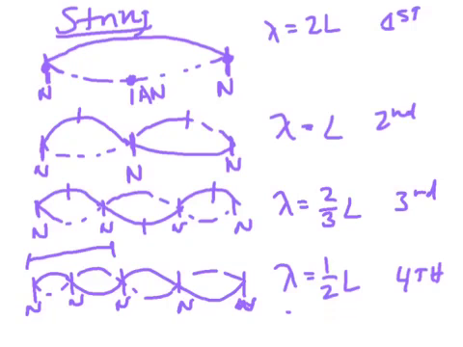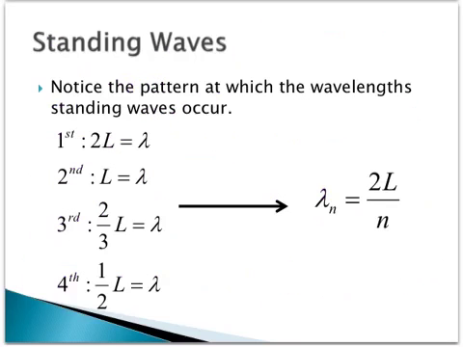So notice the number of antinodes represents the order of the standing wave you have. So we can relate this to a pattern. The pattern you should have seen is that with the first standing wave, you get a wavelength equal to 2L. Second, you get L. Third, you get 2/3 L, and then you get 1/2 L.